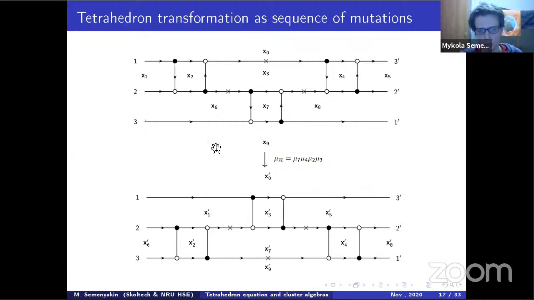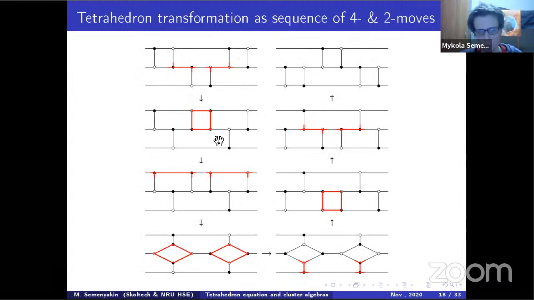The statement is that this transformation can be made by a sequence of probably eight transformations, which are two moves, for example, the first transformation is a pair of two moves here and here, and four moves in some squares. So this was the main statement. Any questions?